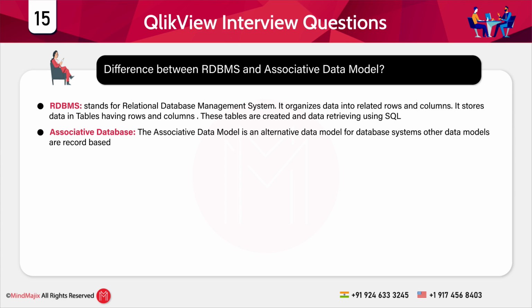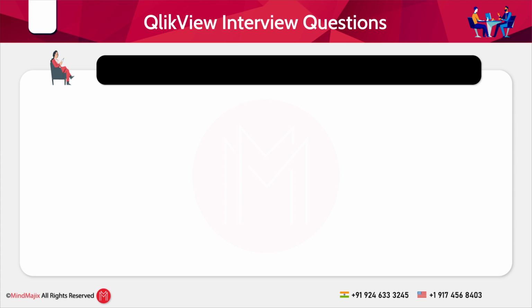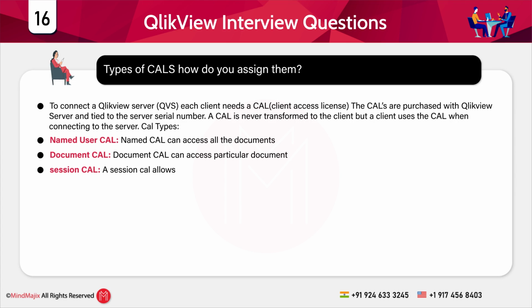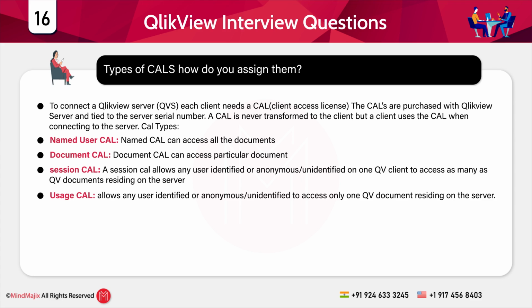In that case, most of the tables are associated to each other, or we can also say they are represented in the form of a denormalized schema. Now I'll tell you what is normalized and denormalized schema. So we can say any transaction data model or RDBMS refers to a normalized schema, whereas a data warehouse refers to a denormalized schema.